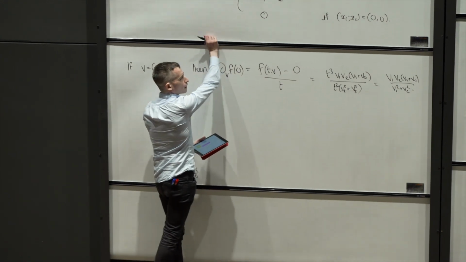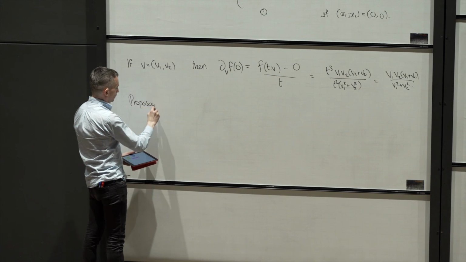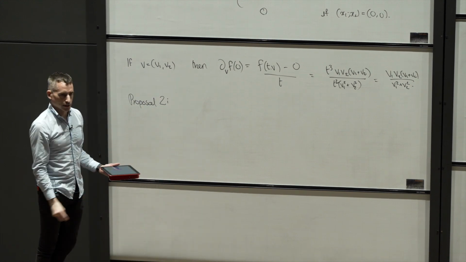So if you like proposal 2, well, let's just insist that you get a linear map.